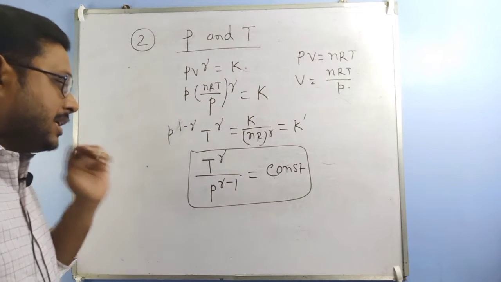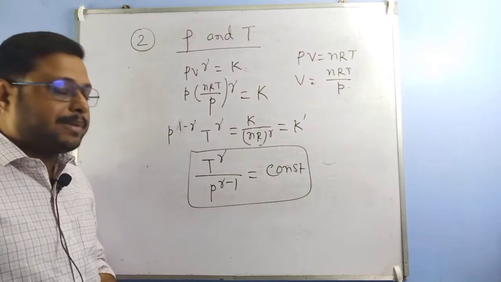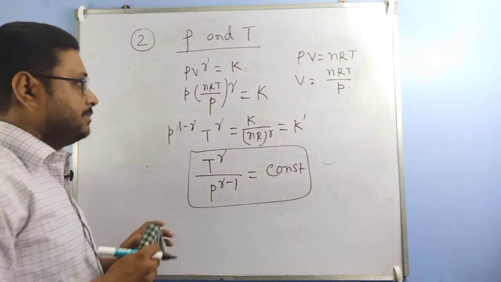T to the power gamma divided by P to the power gamma minus 1, where gamma is the ratio of Cp and Cv.